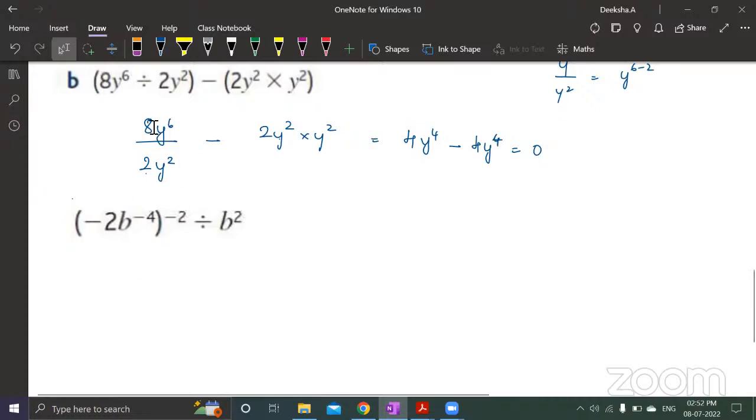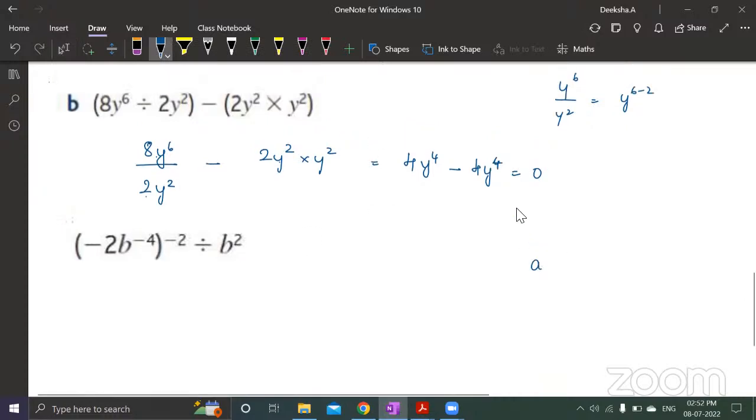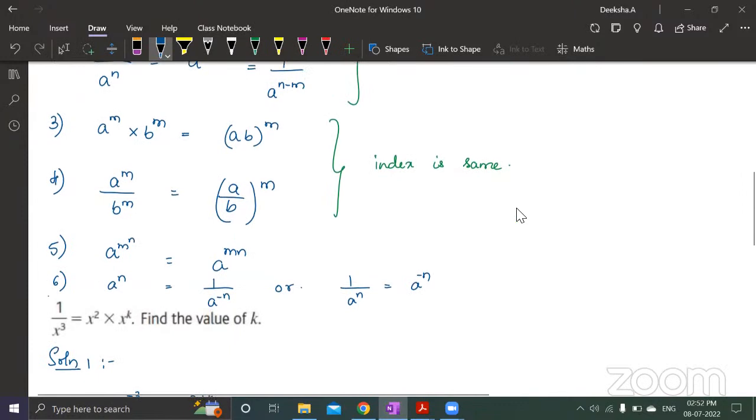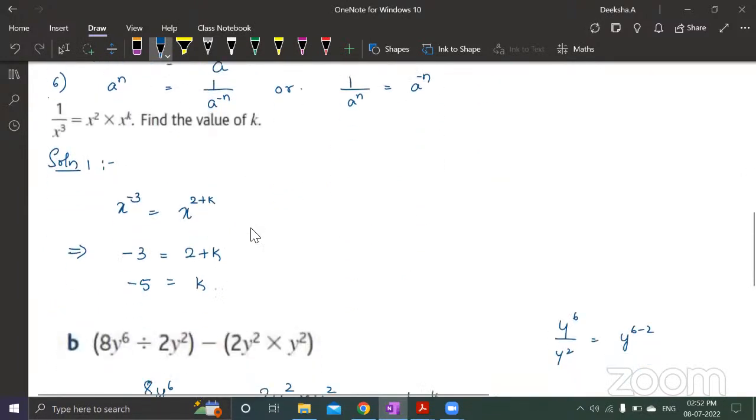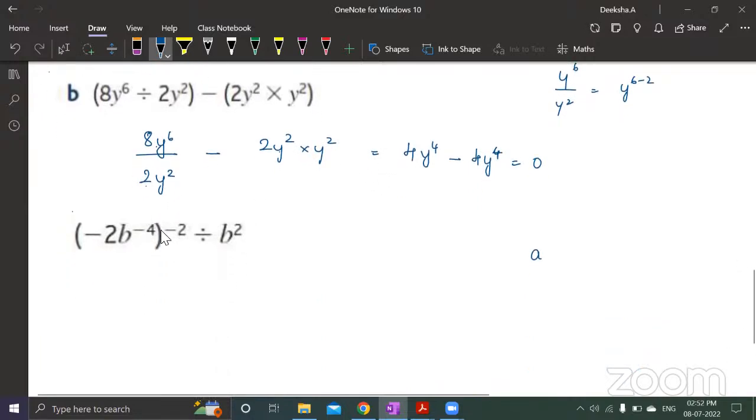Now first simplify this one. I have given you the last rule here, right? Fifth rule. A power m to the power n is a power m into n. So here we have this number whole power minus 2. So we will include it for both of these numbers.